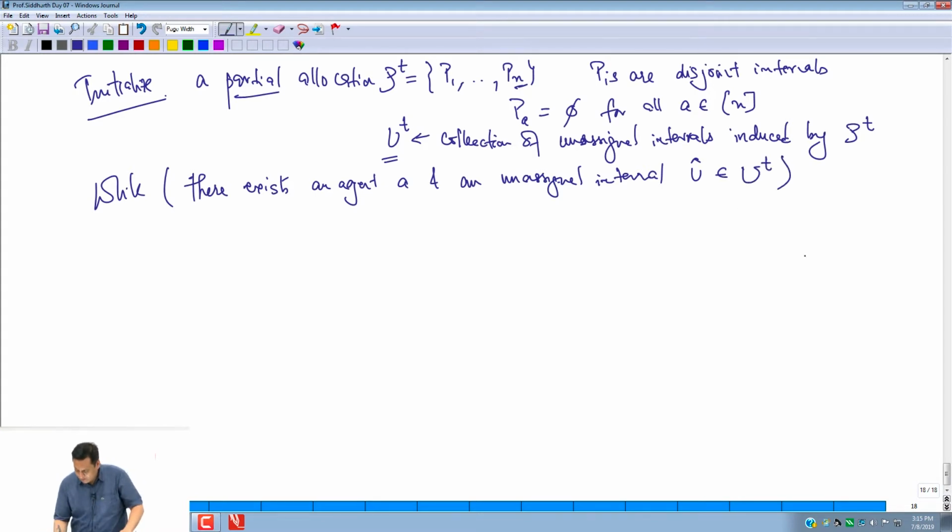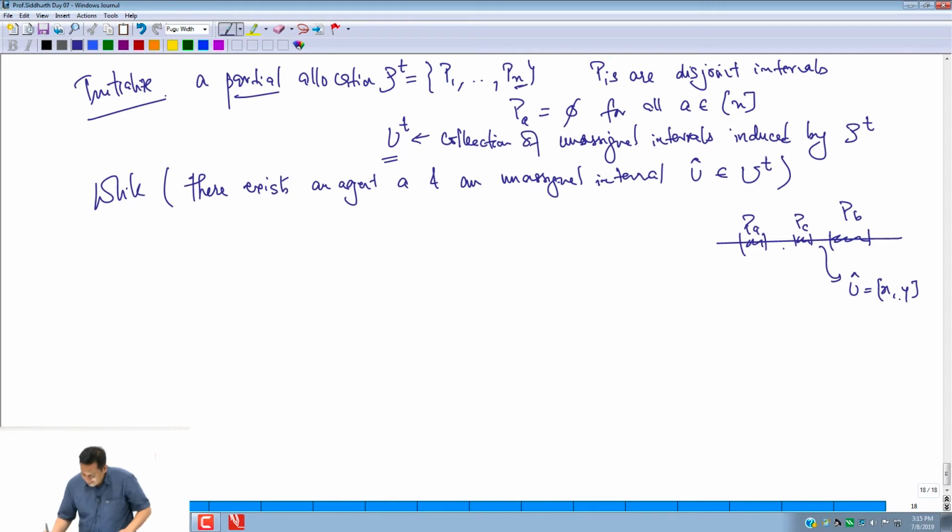So I look at the current state of things. Some parts of the cake are assigned, some parts are unassigned. I'm saying, okay, I'll keep on running this algorithm while the following condition is satisfied.